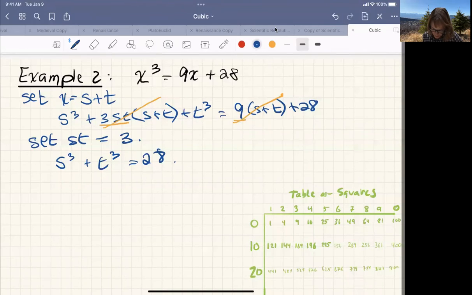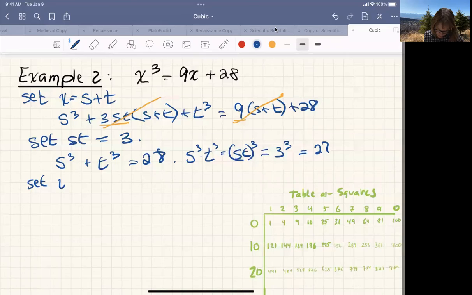And also, since we know that we're going to need it, let's go ahead and calculate s cubed times t cubed. Well, that's st cubed. And st was 3, so that's 3 cubed. So we get 27. So now what we're going to do is we're going to set u is equal to s cubed.